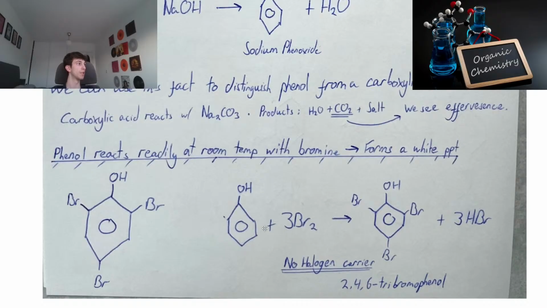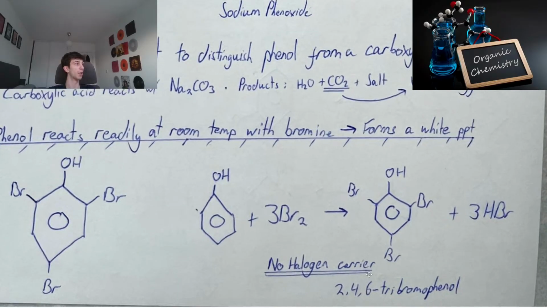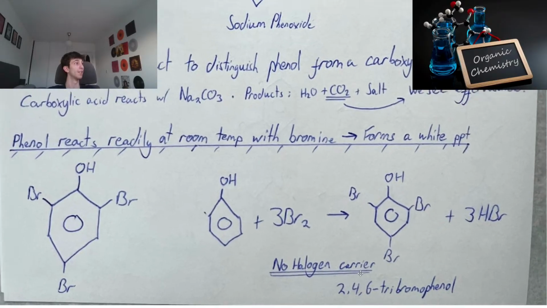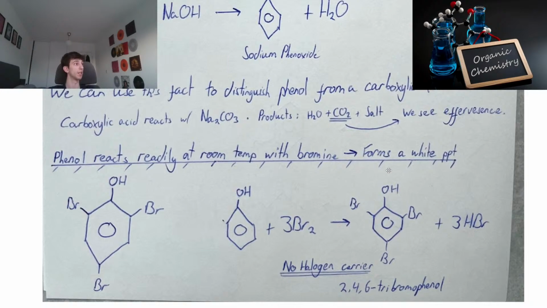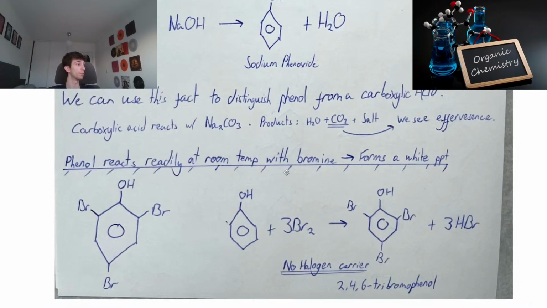Then each time we lose a hydrogen, as we saw in the mechanisms for electrophilic substitution, so we get 3 HBr. No halogen carrier is needed, guys. And we're forming a white precipitate. These are 2 key ideas that we should know for phenol reacting readily at room temperature with bromine.